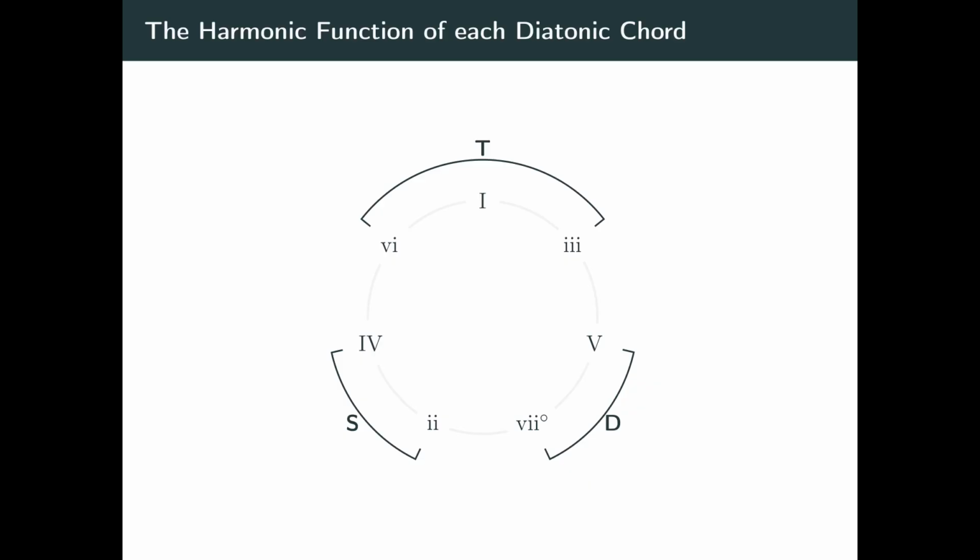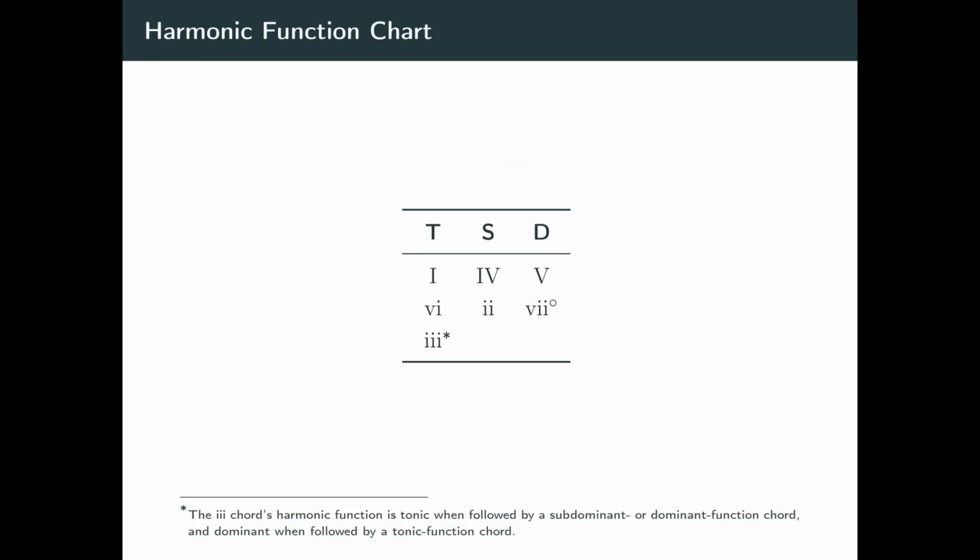So tonic function is 1, 6, and 3, subdominant is 4 and 2, and dominant is 5 and 7. There are only 7 diatonic chords, and each is one of the 3 harmonic functions. With only a little practice, you'll have the function of each Roman numeral memorized.